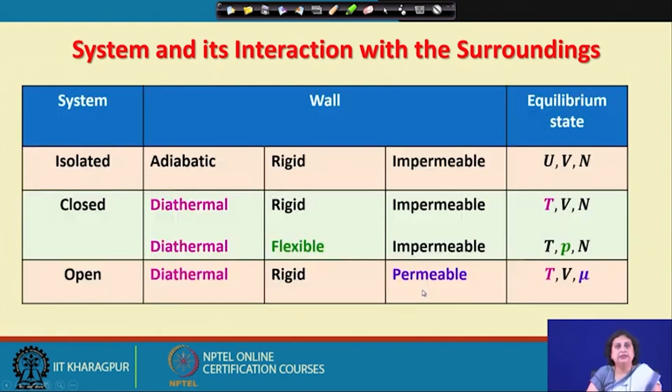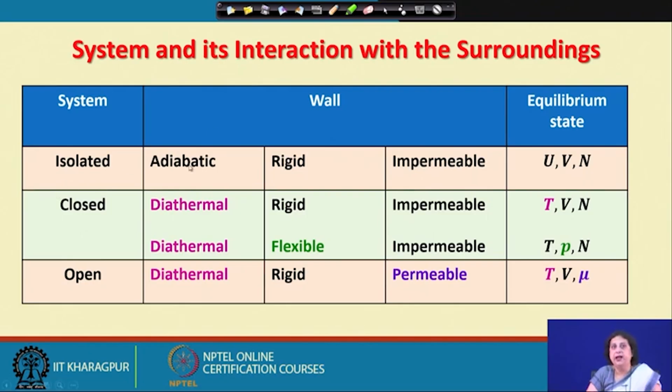So, thermodynamics tells us that there are different ways of monitoring the system and its interaction with the surrounding by varying the property of the wall that separates the system from its surrounding. So, take the isolated system.